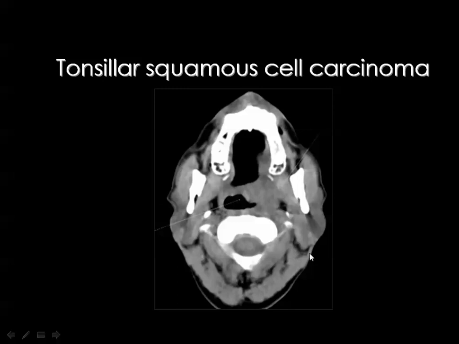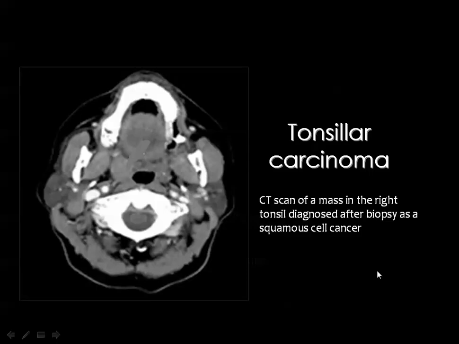You remember that most of the carcinomas occurring medial to the parapharyngeal fat are of the squamous cell type. You see a mass in the region of the tonsil, the lateral wall of the oropharynx, encroaching on the parapharyngeal fat. The mass is medial to the fat, then consider carcinoma.